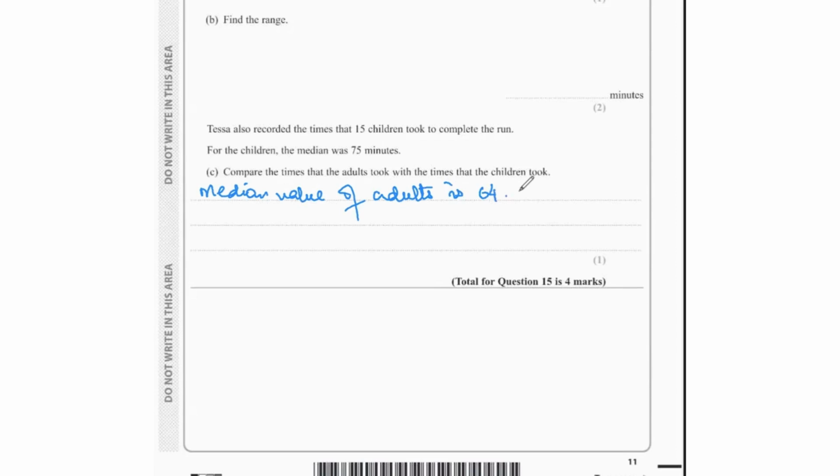That's clearly less than the time that it took for the children. So we can say that the adults were faster because they took less time to run.